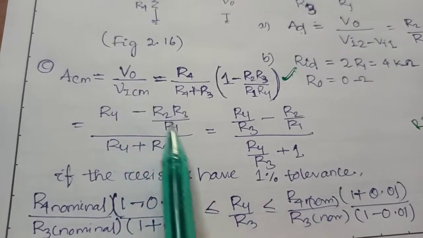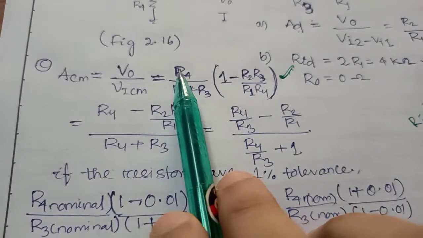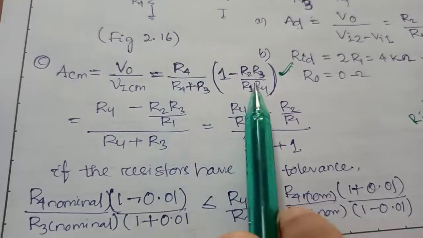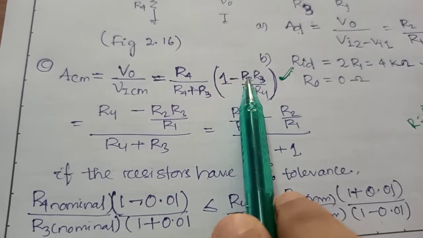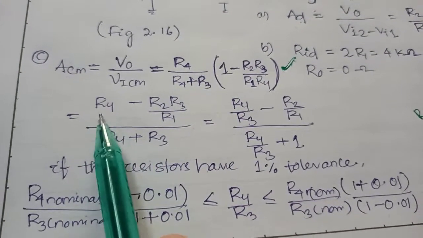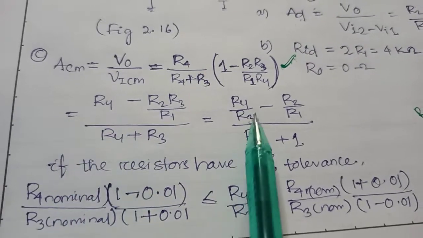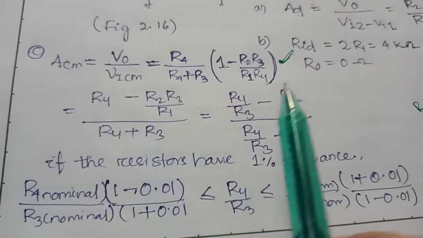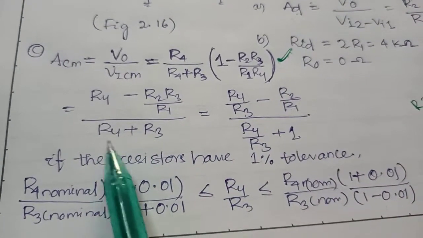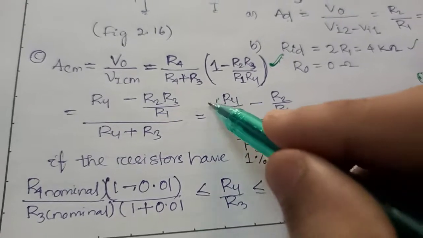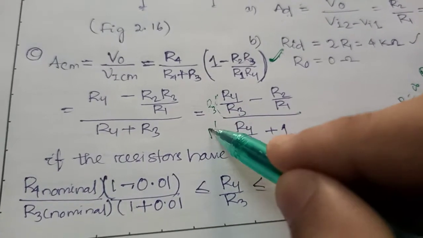So if I write this in a different way, if I multiply R4 to both, R4 minus this R4 will cancel out, and it will remain R2 by R1 into R3, and the denominator is R4 by R3. Now I am taking R3 as common, so it will become R4 by R3, and here R3 is already taken common, so R2 by R1, and from the denominator R4 by R3 plus R1, and here one R3 is common, and here also one R3 is taken common.